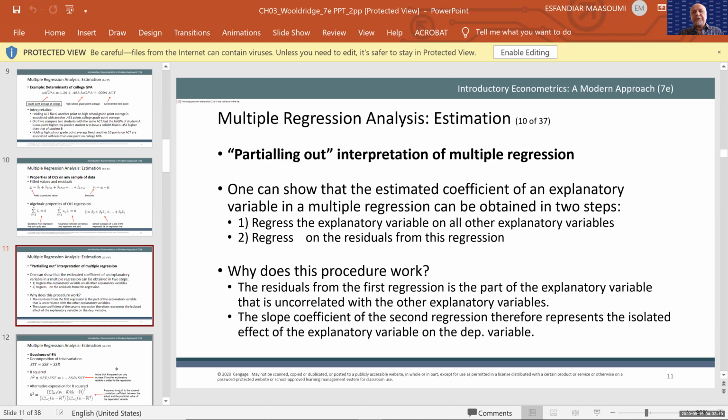There is an interpretation, call it Frisch-Waugh, partialing out, auxiliary regression interpretation of multiple regression, and it tells us why things work.